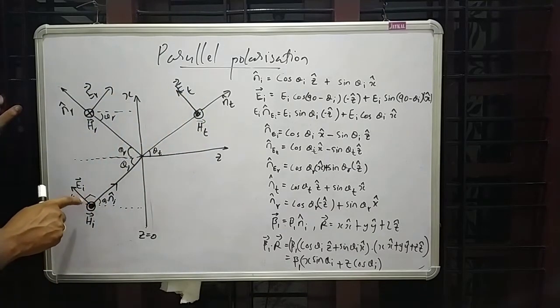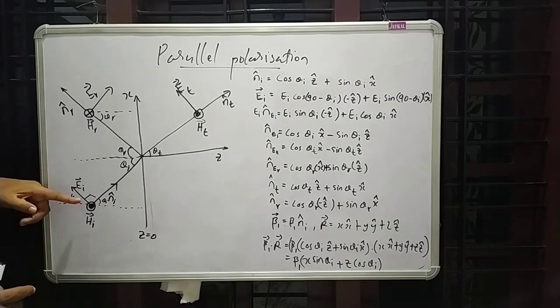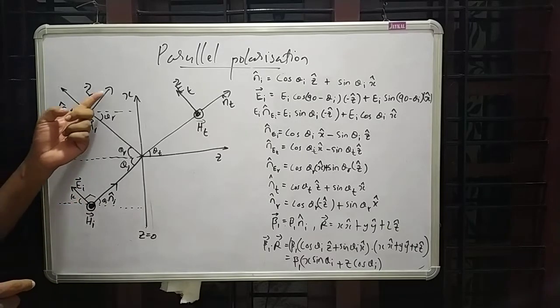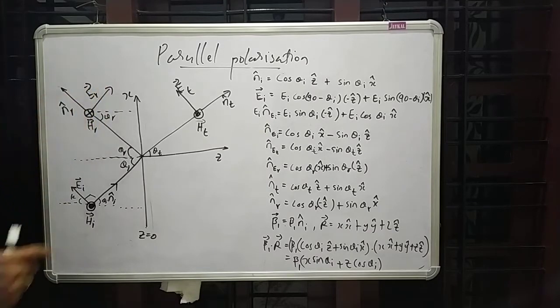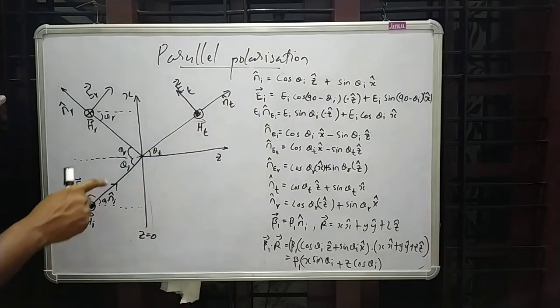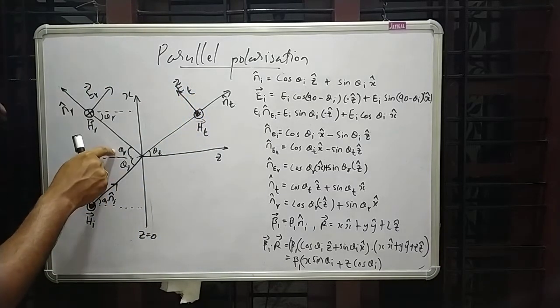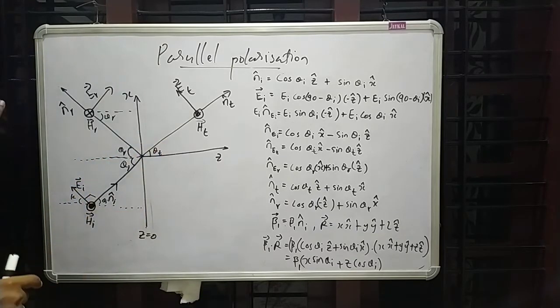And here we have represented the direction of electric field Ei. And here this is the reflected electric field vector Er, and this is the transmitted electric field vector Et, and the incident angle is theta i, the reflected angle is theta r, and the transmitted angle is theta t.